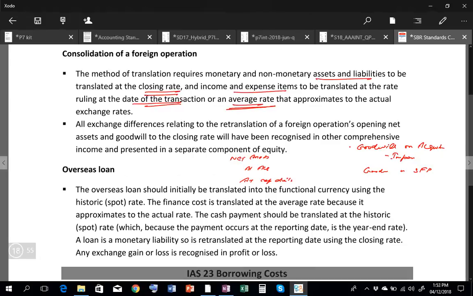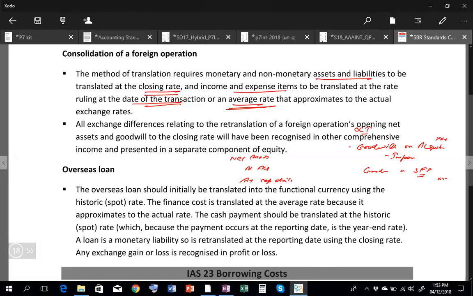When you were calculating the goodwill on acquisition, and then you are having the impairment review at the year end, and then you have this goodwill in the statement of financial position, that means there will be a difference between the values. So this goodwill balance should be retranslated using the year-end rates, and the goodwill on acquisition at the acquisition rate, and that will give rise to a gain or loss, and that gain or loss goes to other comprehensive income.